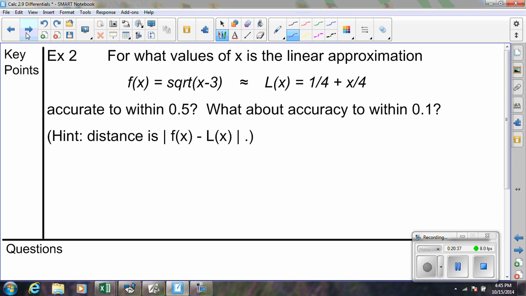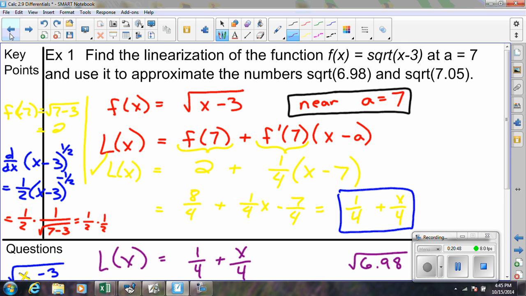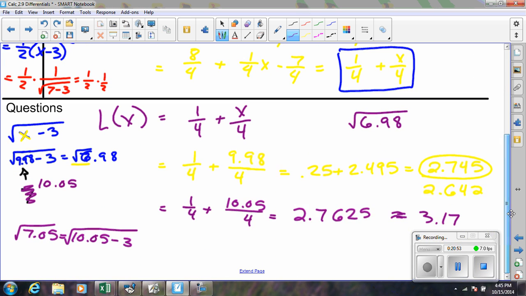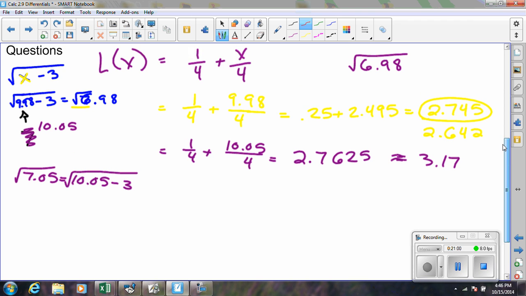Let's say we want accuracy that's within 0.5. How close do we actually need to get? Looking at this particular component, how far off was I in the first one?